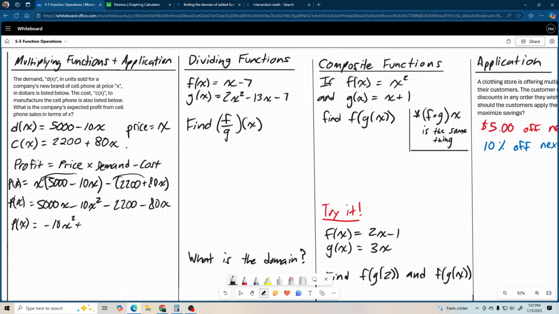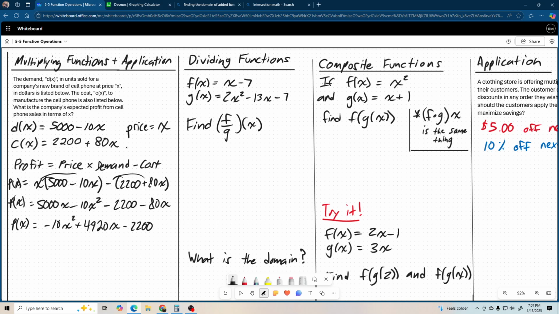So plus 4,920X. And then we have just this negative 2,200, so minus 2,200. All right, and this is our profit, as the price times the demand minus the cost.